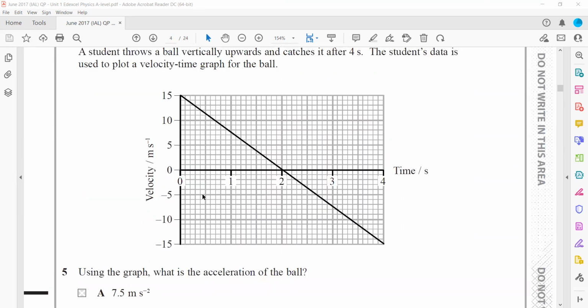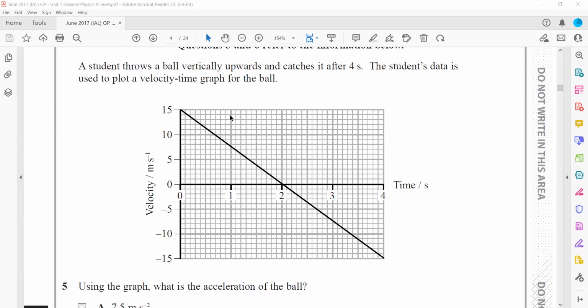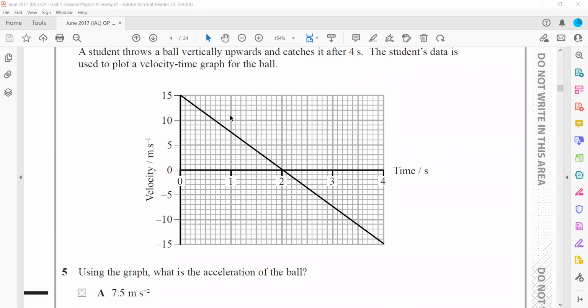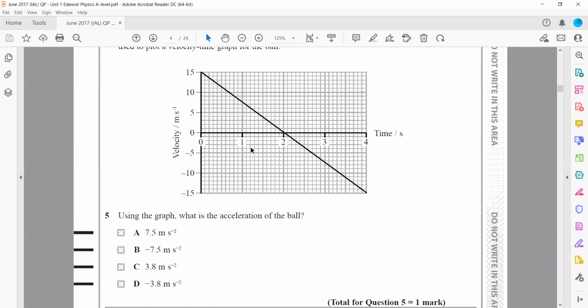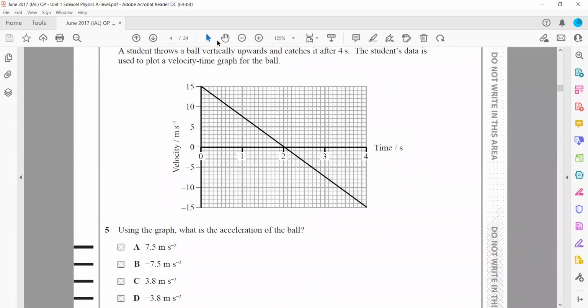A student throws a ball vertically upward and catches it after 4 seconds. The student's data is used for velocity and time. Using the graph, what is the acceleration? It is the gradient, the slope of the velocity-time graph. Because it's a straight line, I can take v minus u over t.